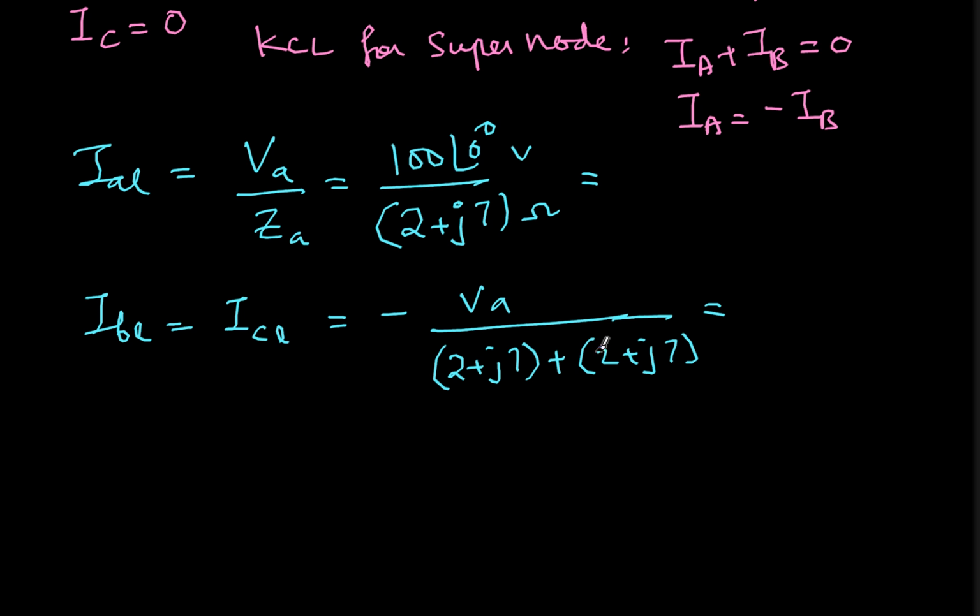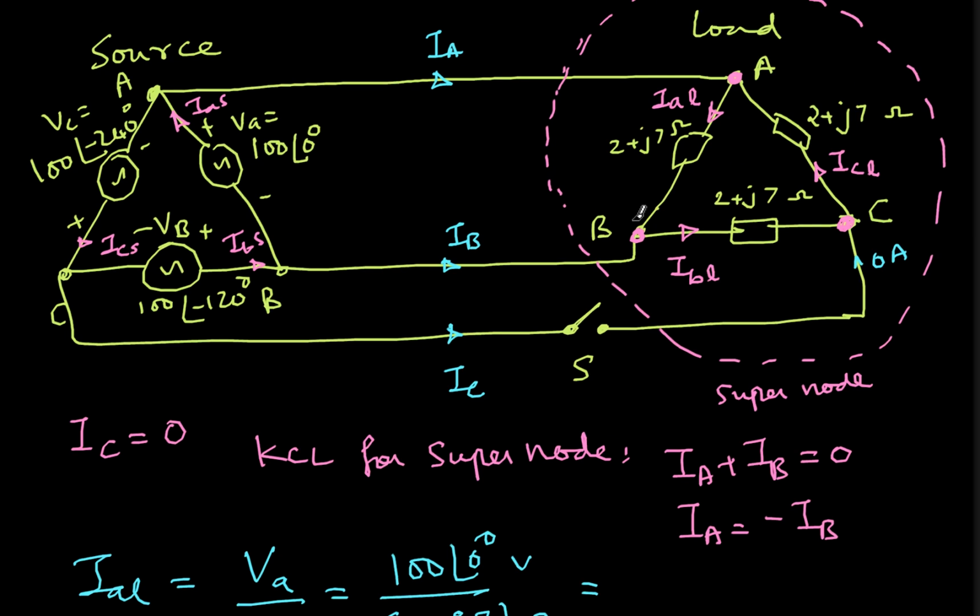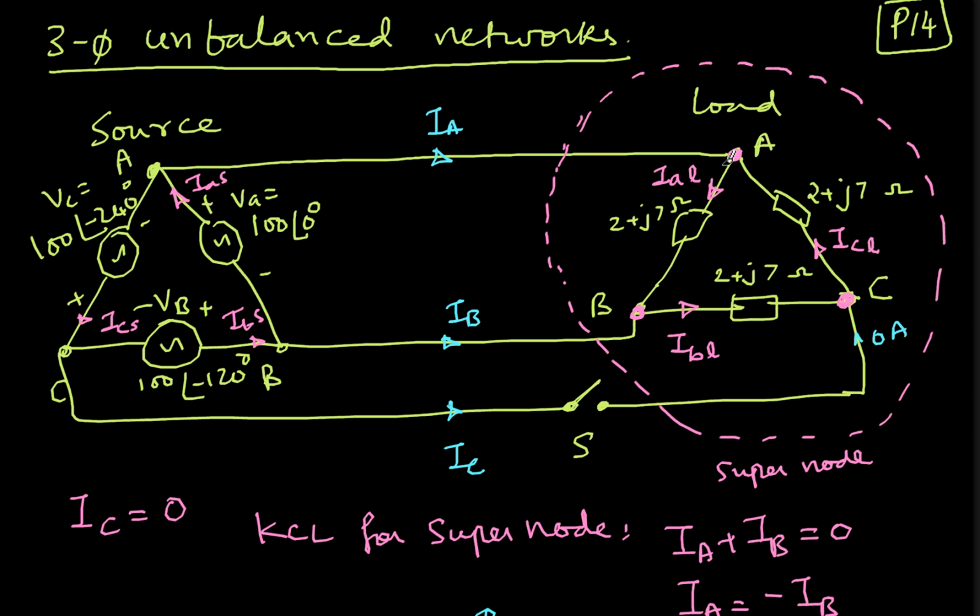So it's like a simple parallel circuit now. Once I get IAL, IBL and ICL, I can find IB through KCL at node B, IAL minus IBL, then I can find IA. IC is already there.